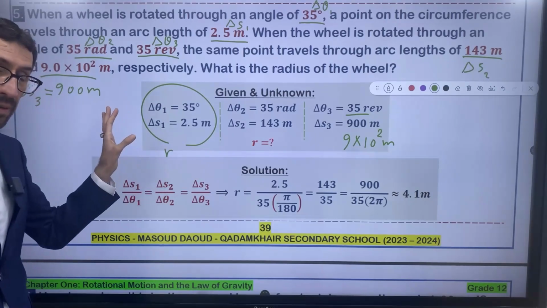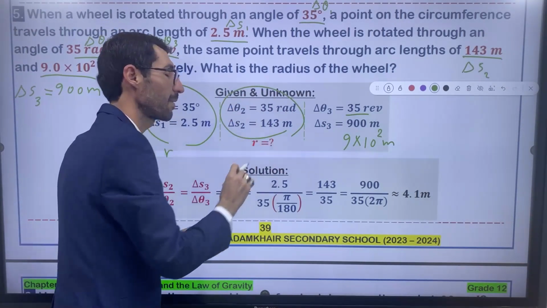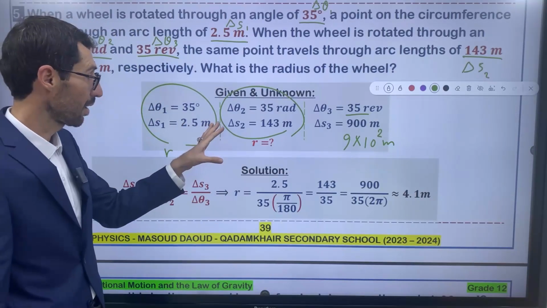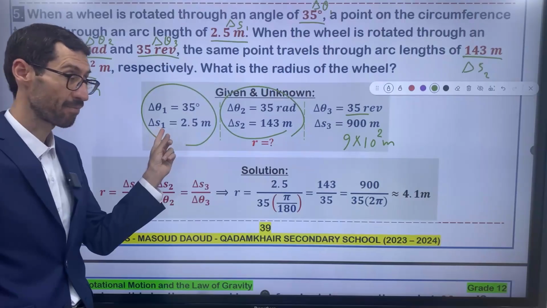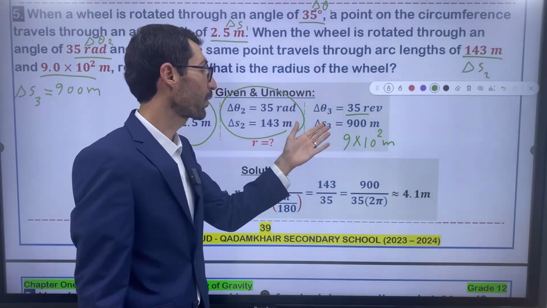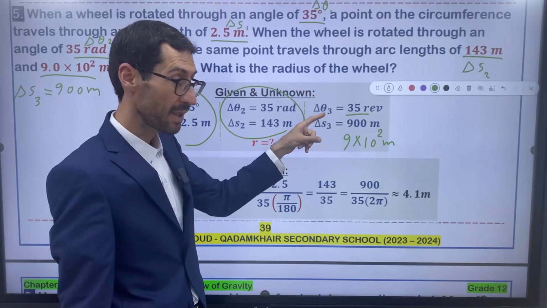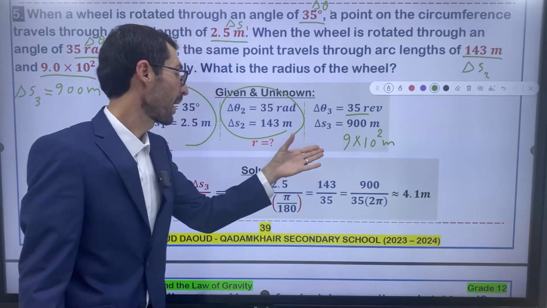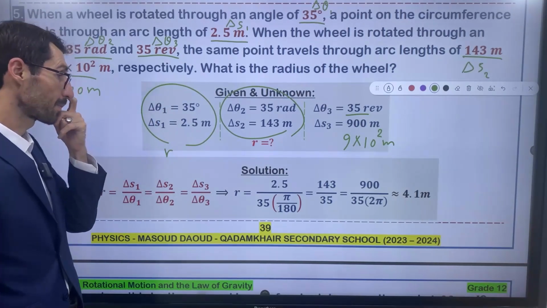What do you say about this one? You have to find R for this case, and you get the same number as the previous case. About the third one, you have to find R for this information, and you have to get the same previous answer.